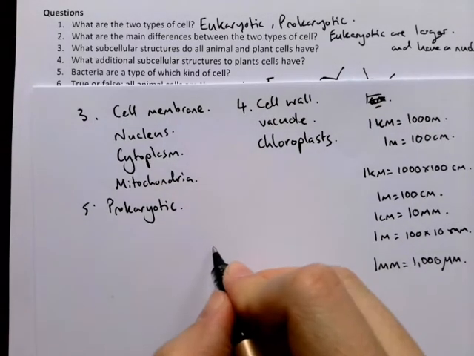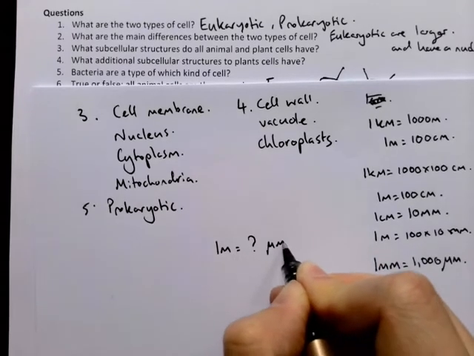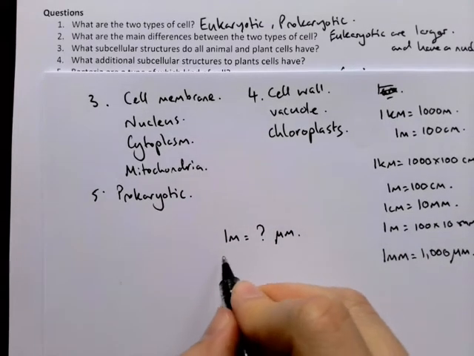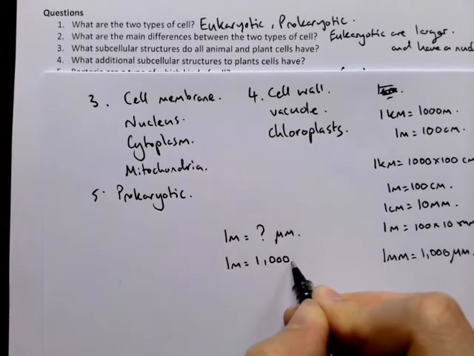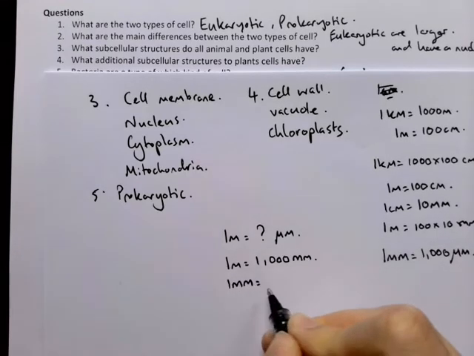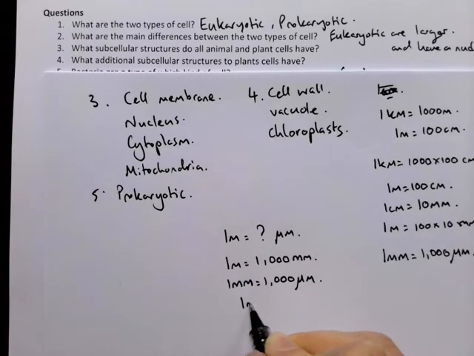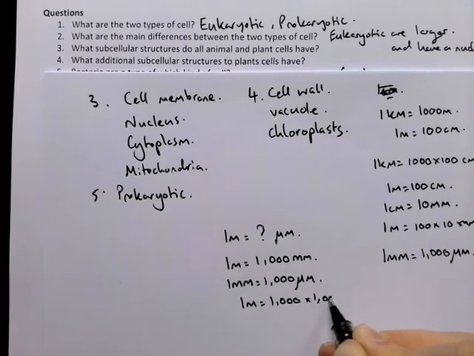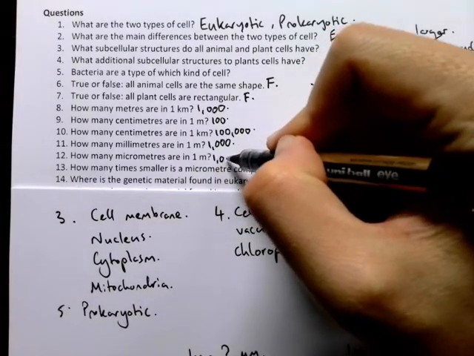I want to know 1 meter equals how many micrometers, and I've already said that 1 meter equals 1,000 millimeters, and 1 millimeter equals 1,000 micrometers. Therefore, 1 meter equals 1,000 times 1,000 micrometers. So the answer is 1 million.